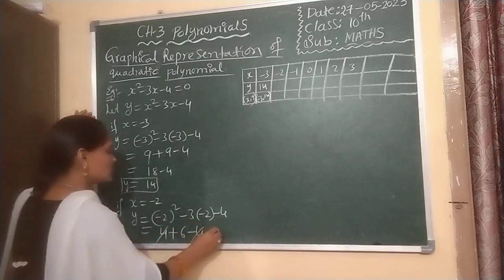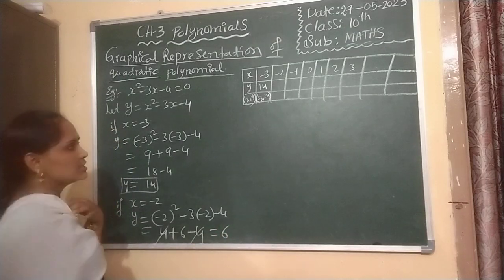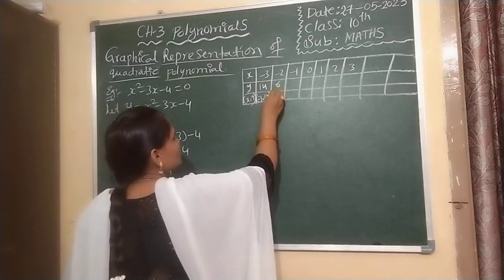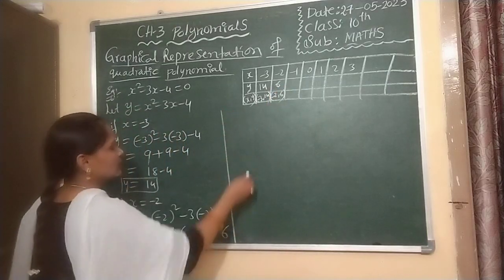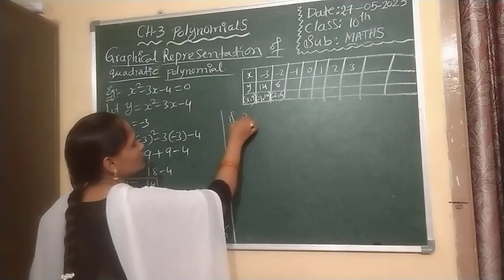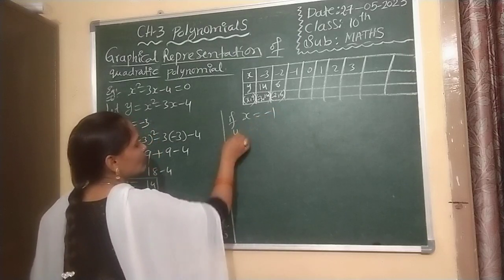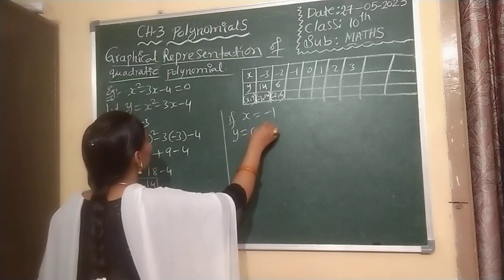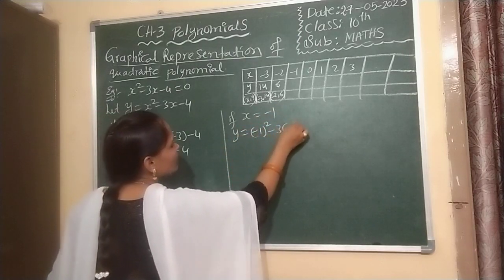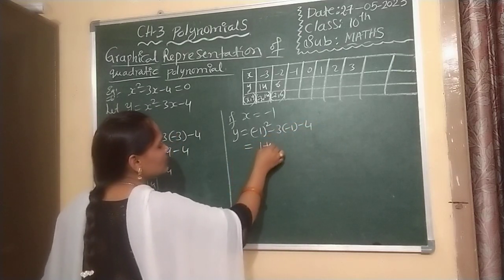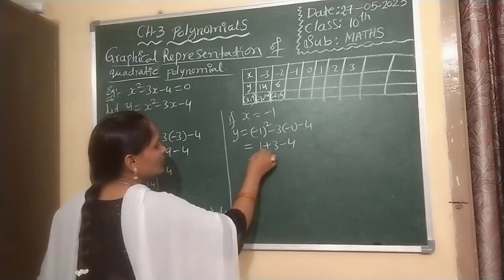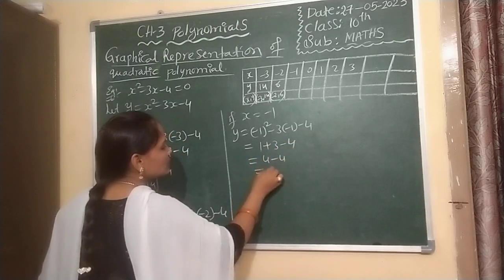Plus 4 minus 4 will get cancelled. 6 is the y value. So here minus 2 comma 6. Next, if x is equal to minus 1, then y is equal to minus 1 whole square, minus 3 into minus 1, minus 4. 1, minus into minus plus 3, minus 4.